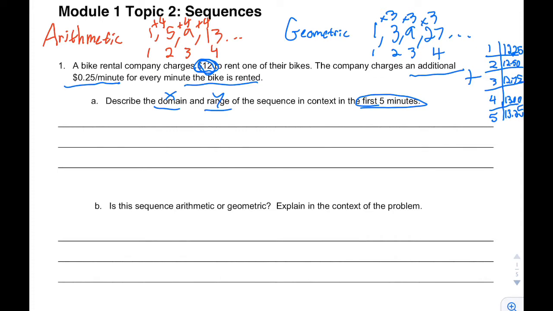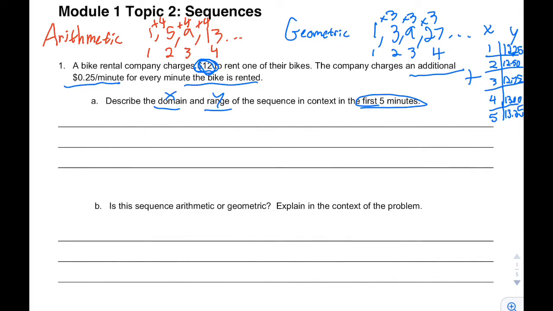So in the table we made over here, you can think of the left side as your x values, your input values, or your term number. And you can think of the y, or the right side of the column, as the range, or the outputs, or your term values.